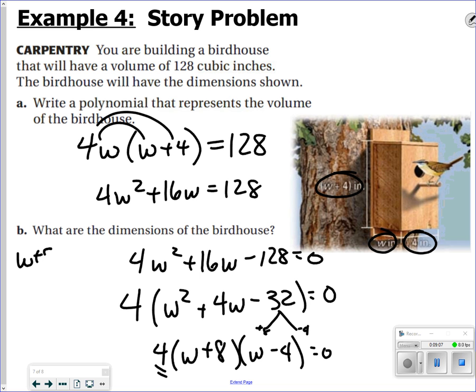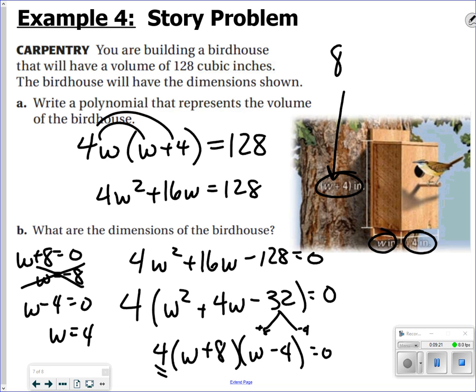So just the parentheses equal to 0. So W can be 4 and W can be -8. Well, you can't have a -8 side length. And so the dimensions of this, plugging W back in, is 8 inches by 4 inches by 4 inches.